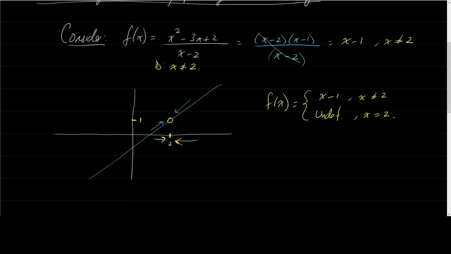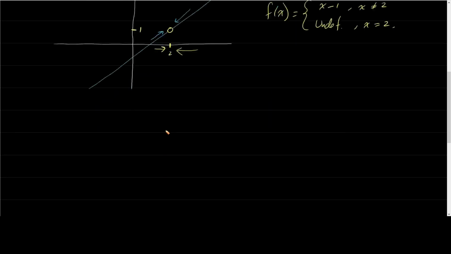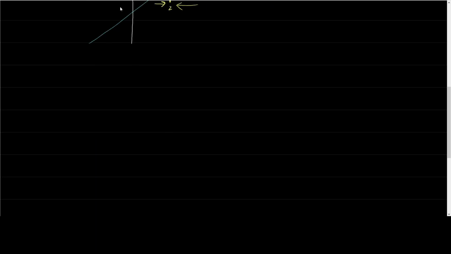And what you'll notice is that the function from both sides is approaching this height of 1. All right, that's the basic idea of a limit. In other words, the limit of a function at a specific value depends on what the function is doing near that x value.